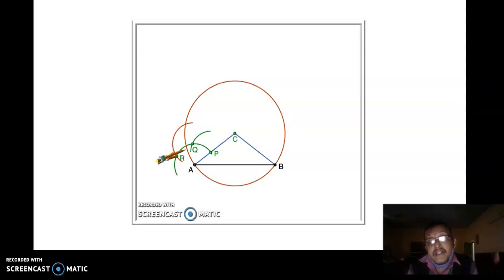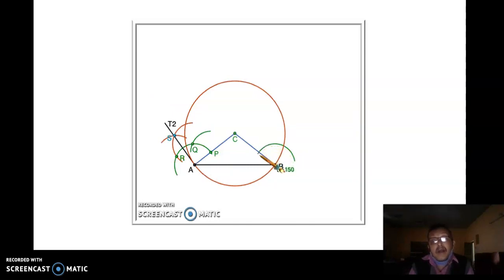Now you will get the intersection point. Join that intersection point S with A and extend. Now that is the tangent T1.